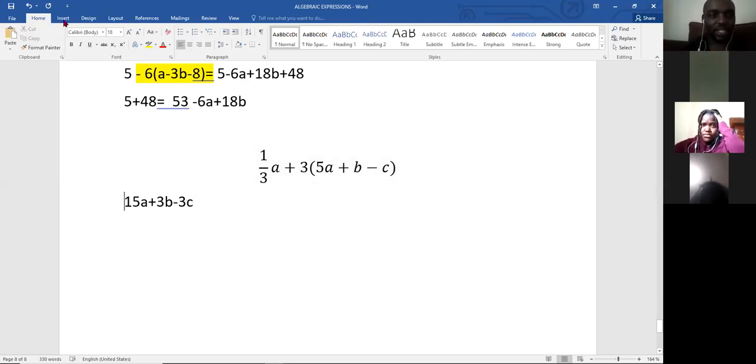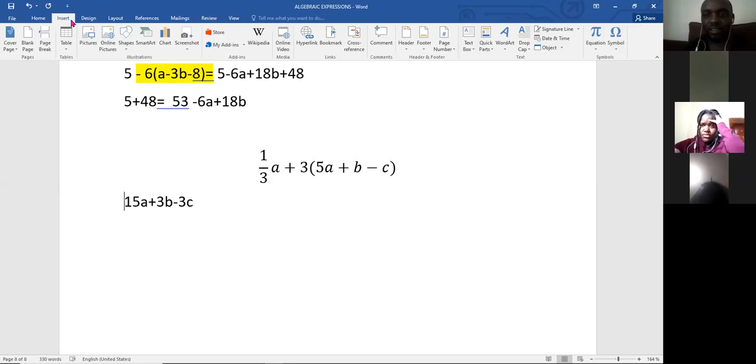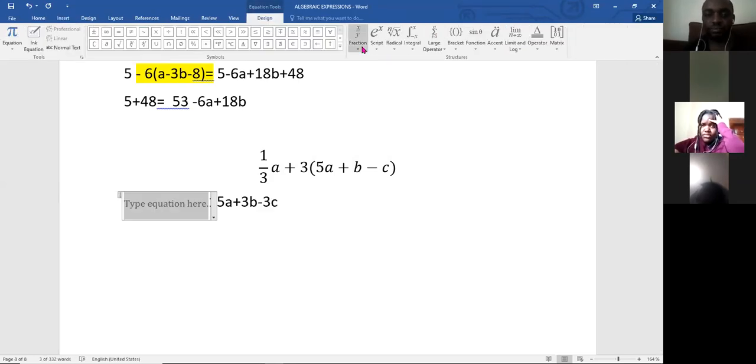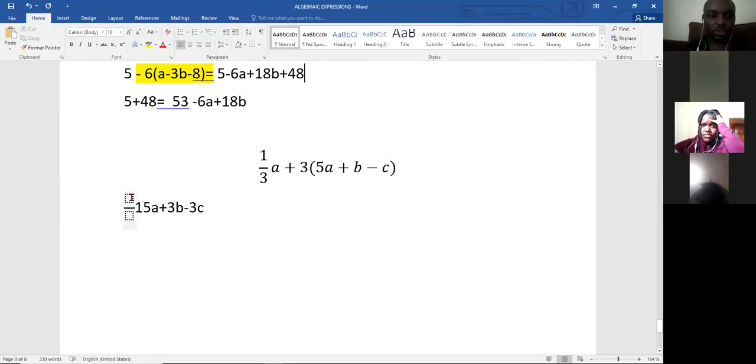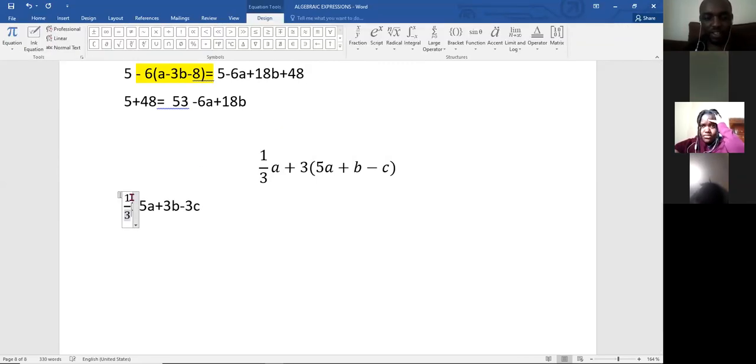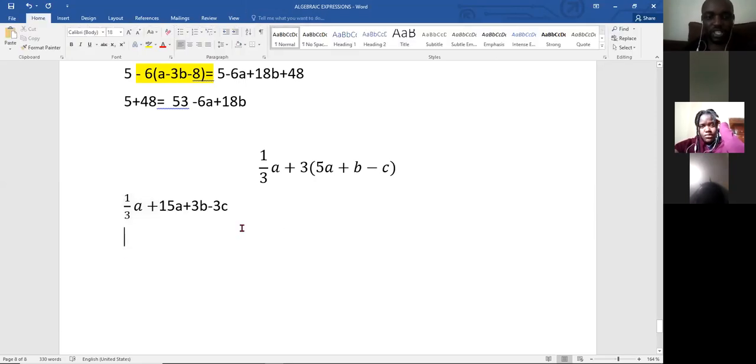So I come here and insert my fraction. This one is 1 over 3a, plus now, because 15a is positive. So this is what you get now. So from here you simplify.